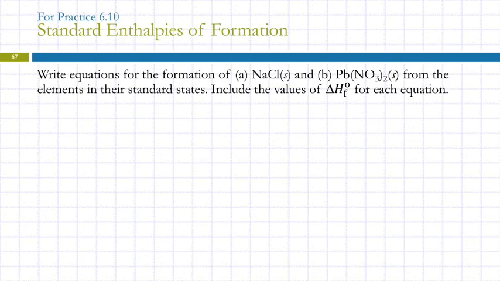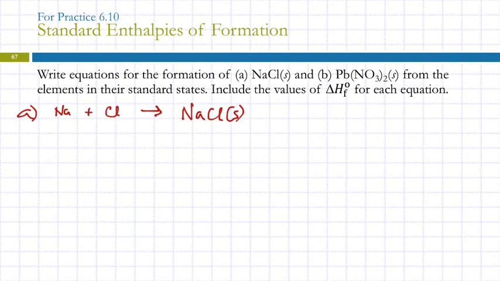Write equations for the formation of sodium chloride and lead nitrate from the elements in their standard states. Well, we're trying to make sodium chloride. What are the elements? Sodium and chlorine, right? So we'll write Na, and we'll write Cl, with a plus in there.